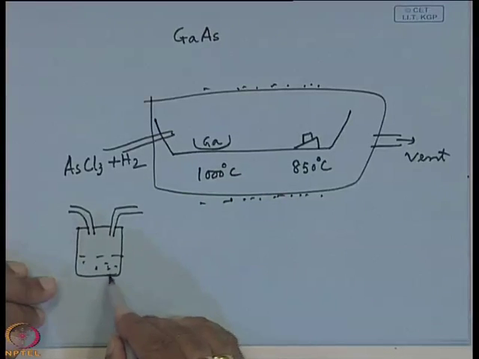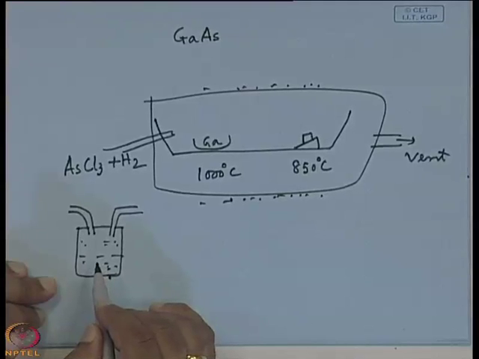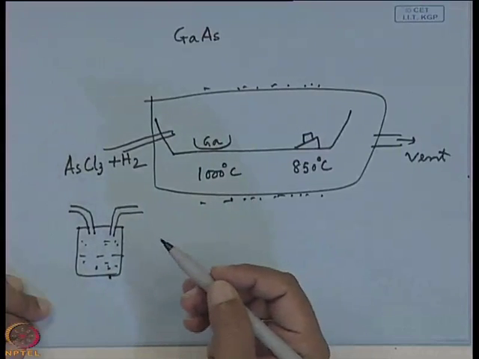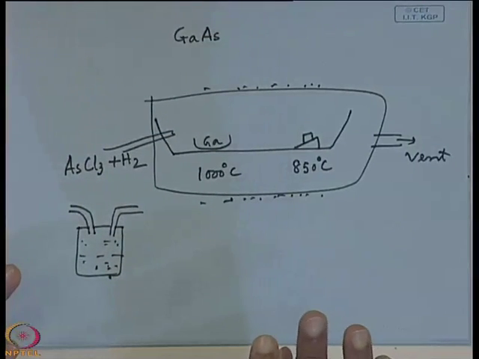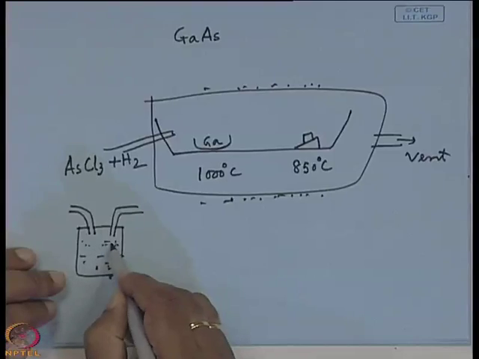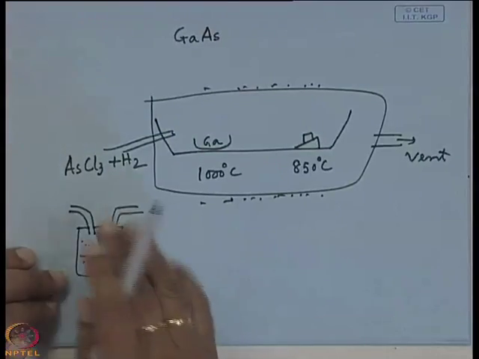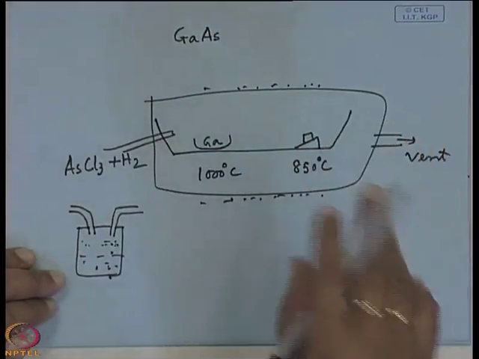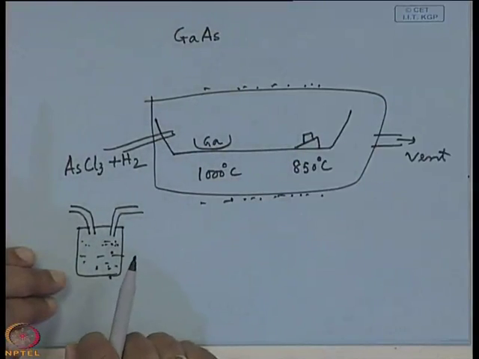Depending on the temperature of the bubbler, this space will be filled with the vapor of AsCl3, because it is already a liquid and the vapor pressure is a function of the temperature, right. So, at a particular temperature, say 40 degrees, 50 degrees, 60 degrees, whatever it be, there will be sufficient vapor pressure on the surface of the AsCl3 inside the bubbler.